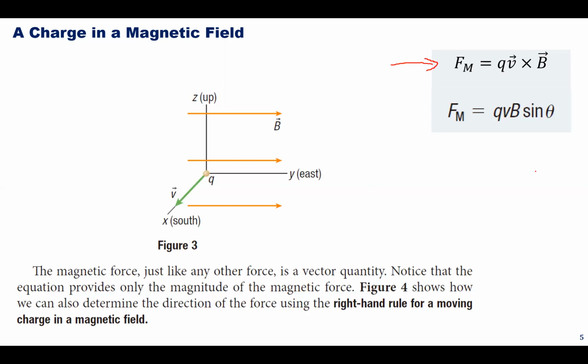This is according to the definition of cross product. In figure 3, apparently theta is 90 degrees, right? So in this case, sine theta is equal to 1. So note here, the magnetic force, just like any other force, is a vector quantity. Notice that the equation provides only the magnitude of the magnetic force.